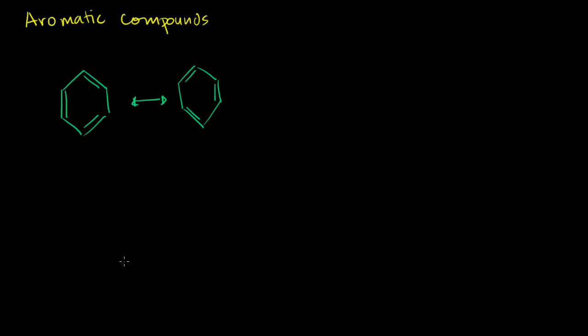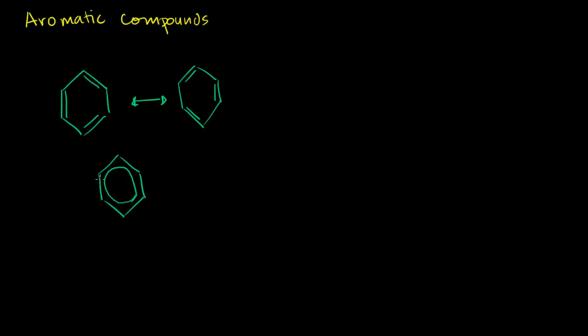And we learned in the resonance video that the reality is it's actually in between. And sometimes it's drawn like this, as going back and forth between these configurations. You'll sometimes see it drawn like this, which is a circle in the middle of the benzene ring, showing that those pi electrons, the electrons that form the double bond, are going back and forth.